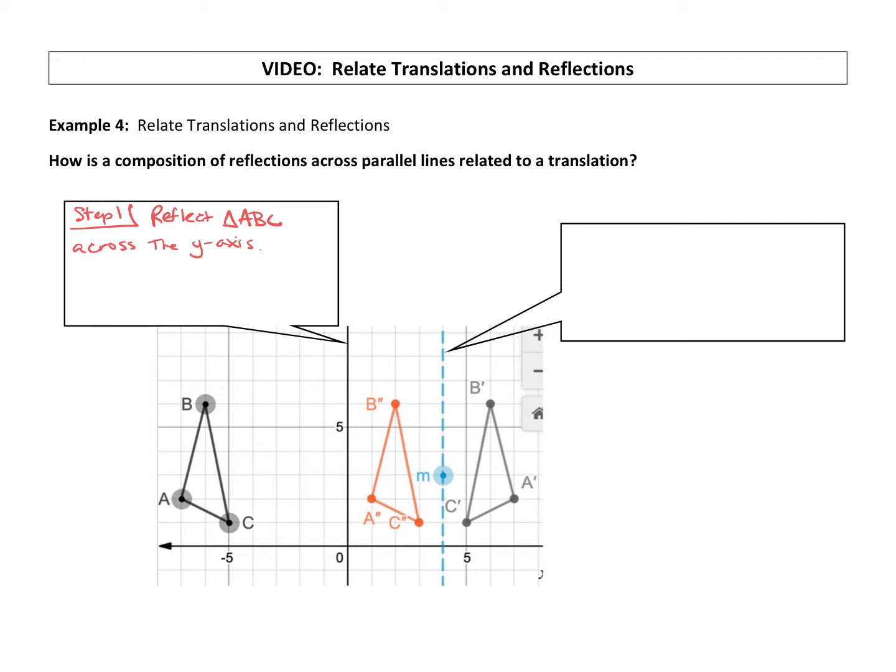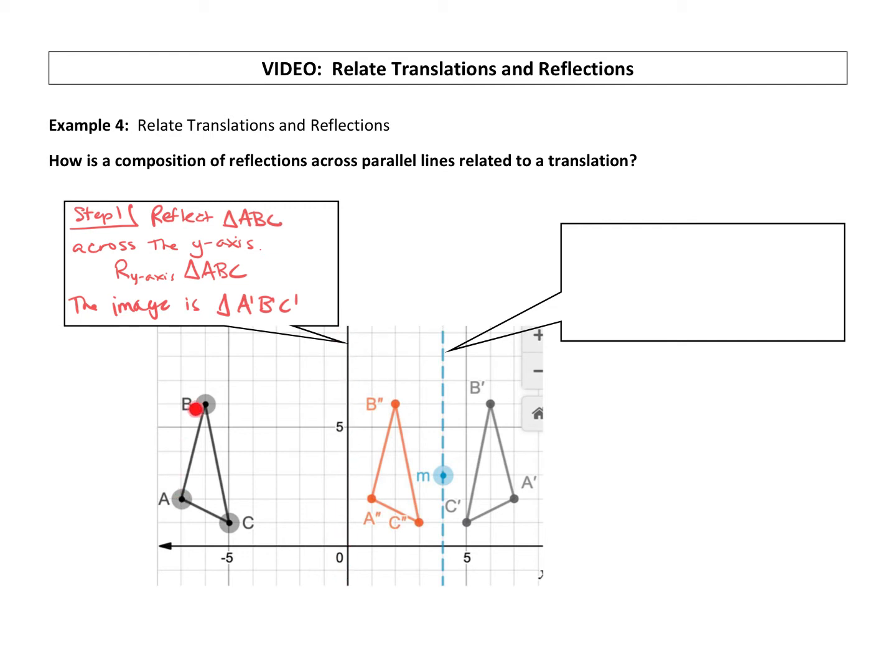So what that rule would look like would be reflect across the y-axis, triangle ABC. The image of that, because remember we start with a pre-image, is triangle A prime, B prime, C prime. So if we look at the picture, here's our y-axis right here.